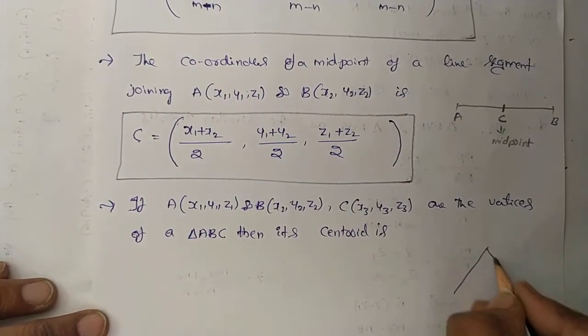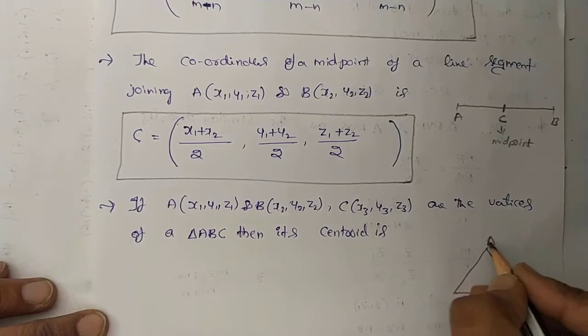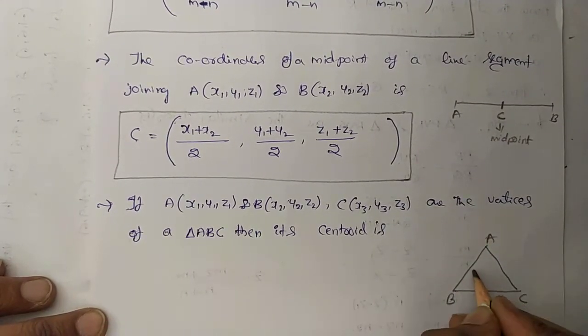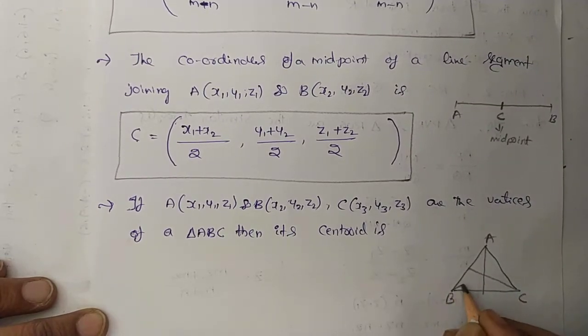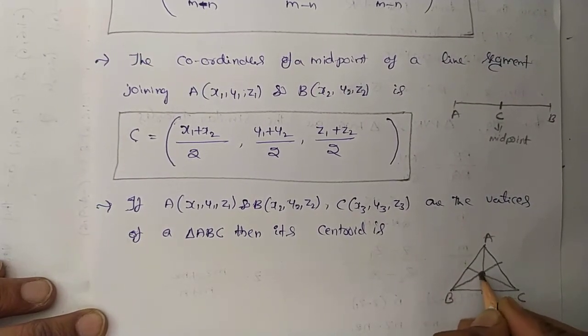See, we will have a triangle ABC. We need to find the centroid of this triangle.